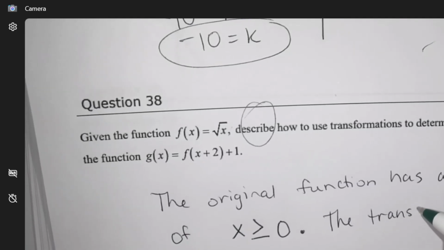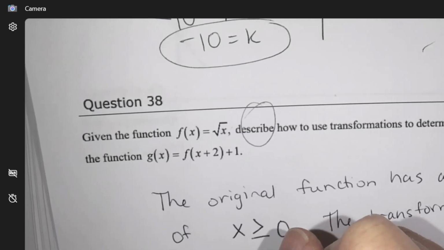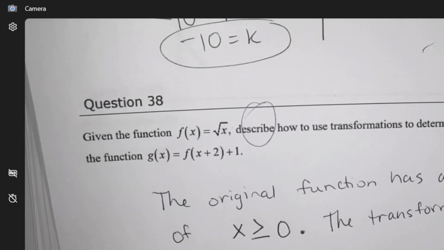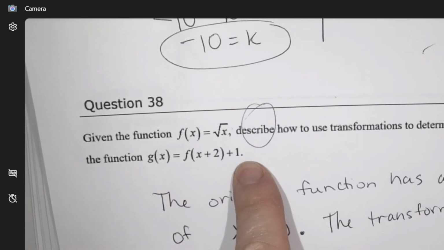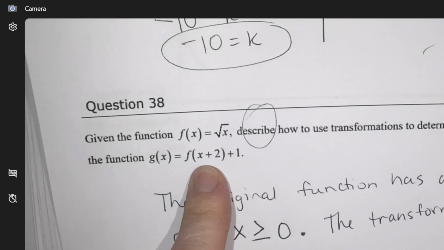The transformations affecting x are... So do we have any B or C that changes anything with x? Remember, this D won't affect anything with x, right? Do we have any B's or C's that are going to change my x stuff?